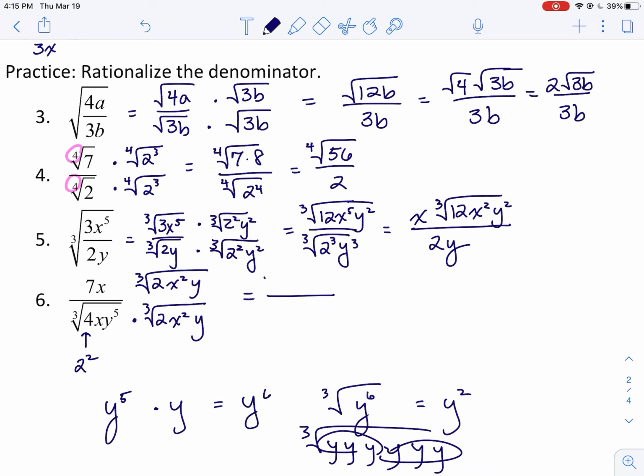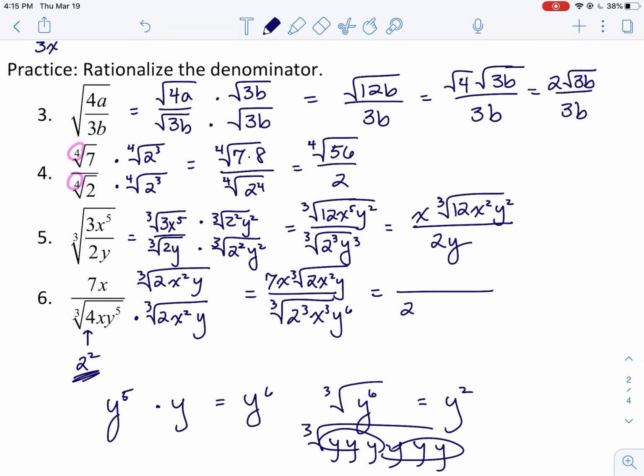So now up top, I have my 7x times the cubed root, don't drop the index, of 2x squared y, over the cubed root of 2 squared times 2 is 2 to the 3rd, x times x squared, x to the 3rd, y to the 5th times y, y to the 6th. So now my next step is to simplify my denominator.